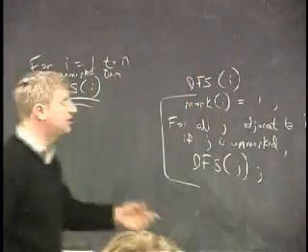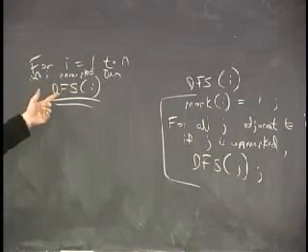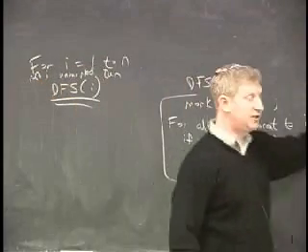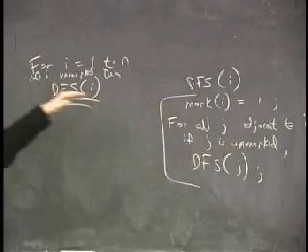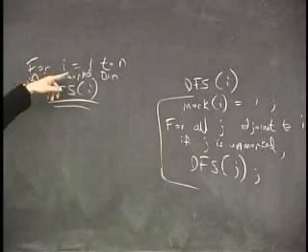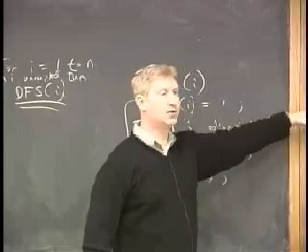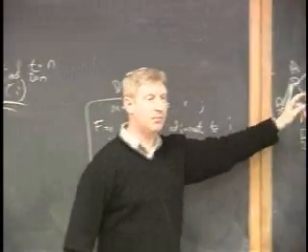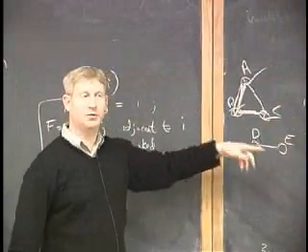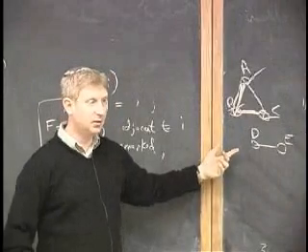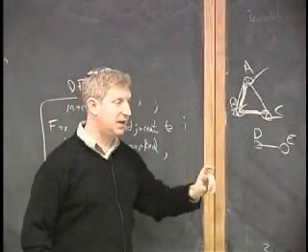So this starts you off at the first node, A. It finishes B and C, and then it's all done. Now it goes on to I equals 2, which is B. But B is marked. So then it goes to I equals 3, which is C. C is marked. Then it goes to I equals 4, which is D. D is not marked, so now a new depth first search begins at D.